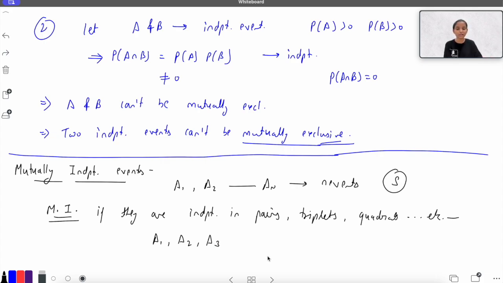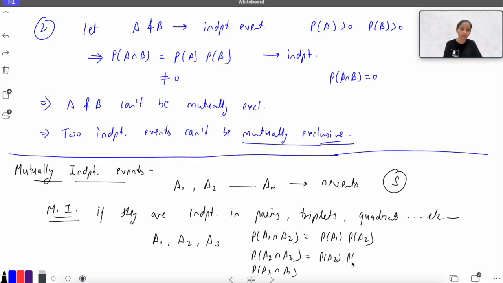Pairwise independent means that if I take the pairs of these events, probability of A1 intersection A2, A2 intersection A3, probability of A3 intersection A1 come out to be probability of A1 times probability of A2, probability of A2 times probability of A3, probability of A3 times probability of A1. If these three conditions are satisfied for these three events, then I would say that I am having pairwise independent events.